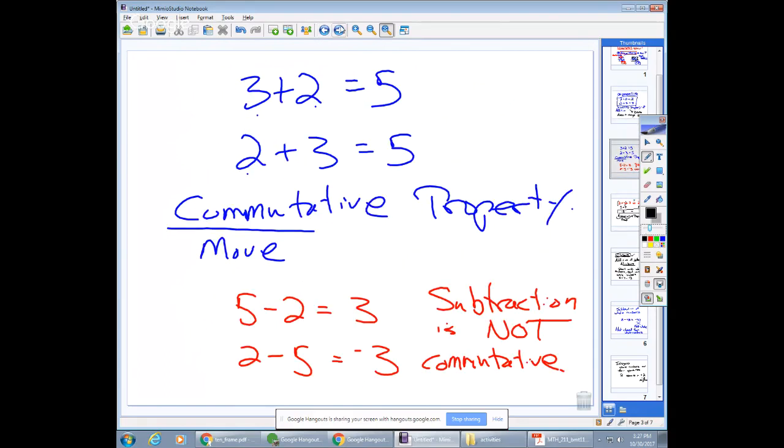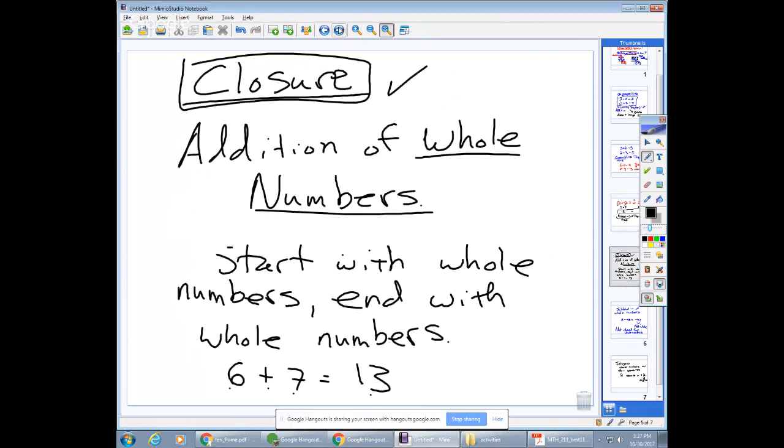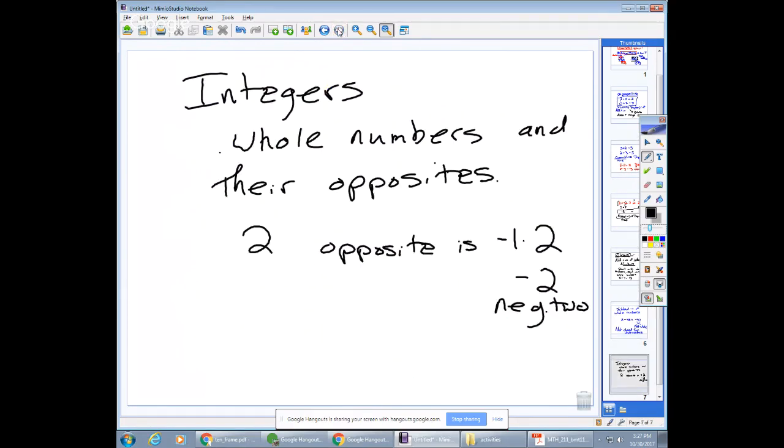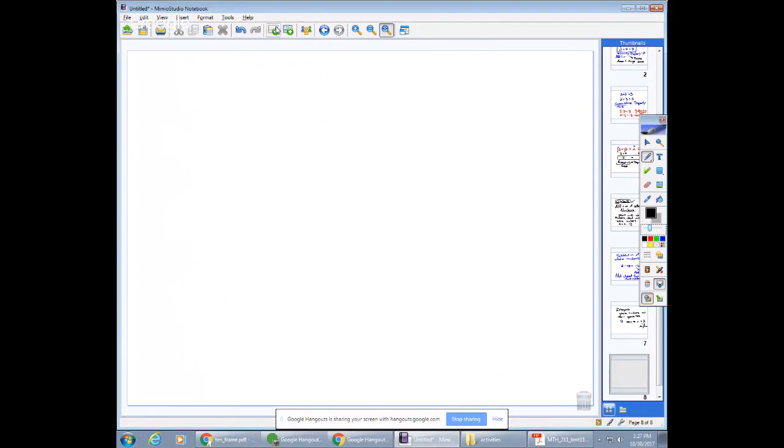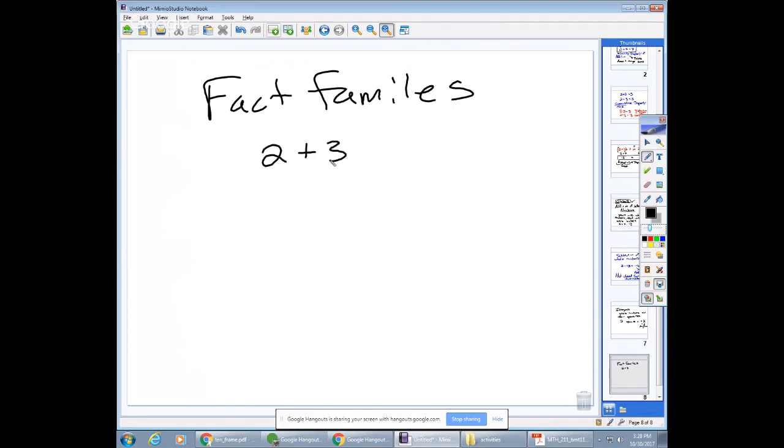However, there is a nice relationship between addition and subtraction. And this is an idea called fact families. So I'll pick on 2 plus 3. We know that's equal to 5.